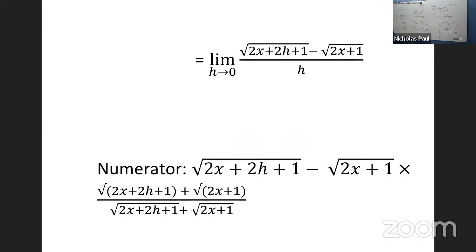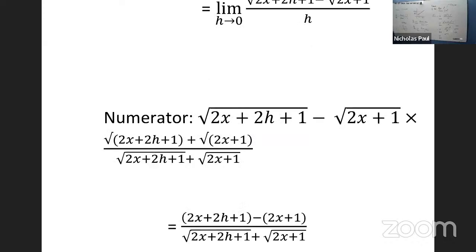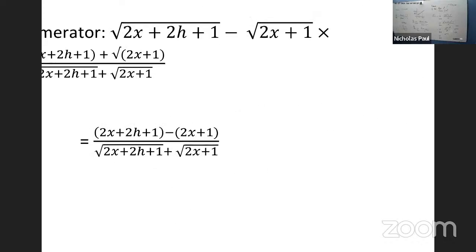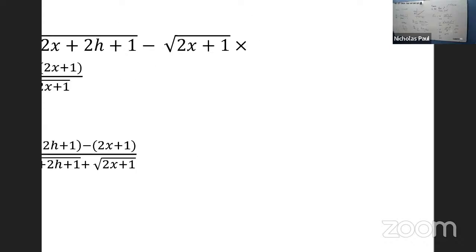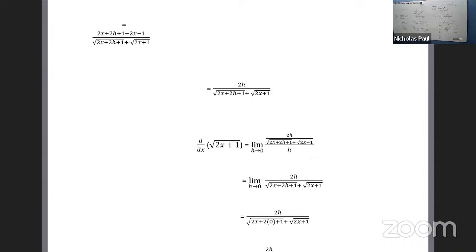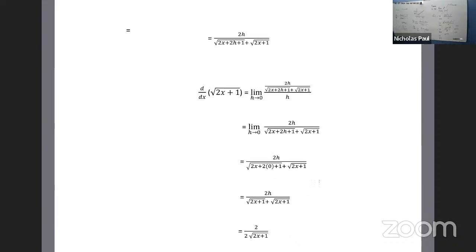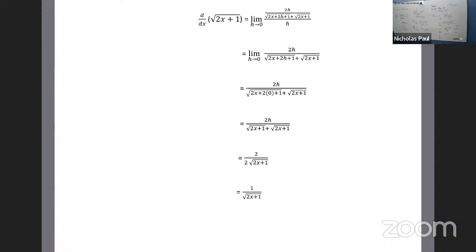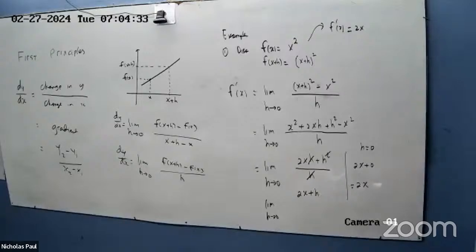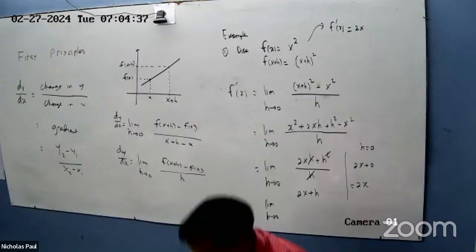These squares will cancel off, difference of two squares, and the bottom will stay as it is, with the h. Then you work it out, simplify the h, you flip it over, and you end up with that as the answer. I'm going to show you on the board.